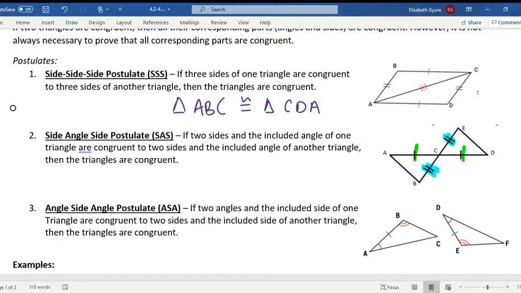Included angle. Where do you think that would be? If you hear the word included angle, what do you maybe visualize, Logan? Like, you mean for this picture, where your lines intersect? Mm-hmm.